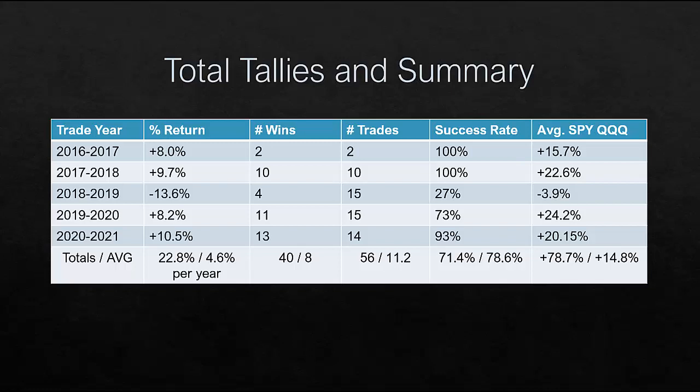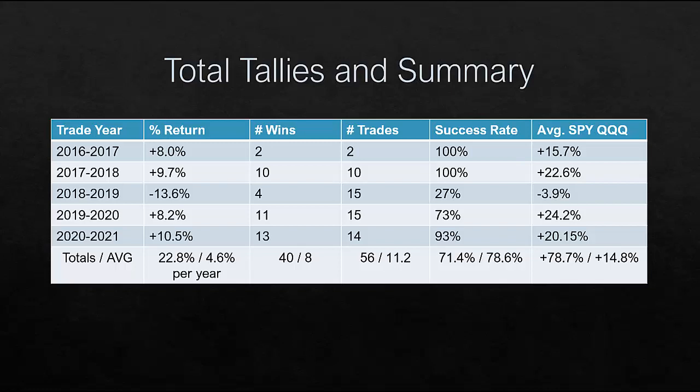13.6% loss average on the top 15 trades. Only 4 out of those 15 trades were successful, for only a 27% success rate. Market average down about 4% in that same time frame.